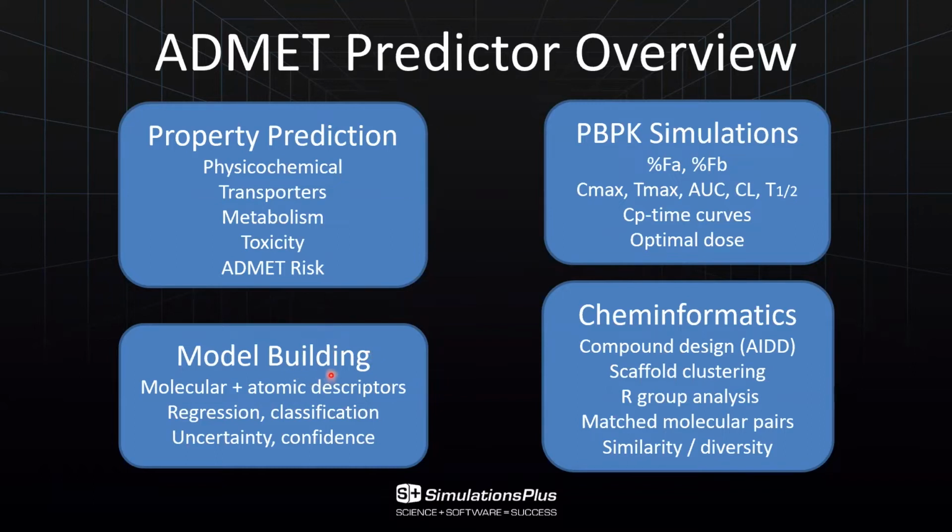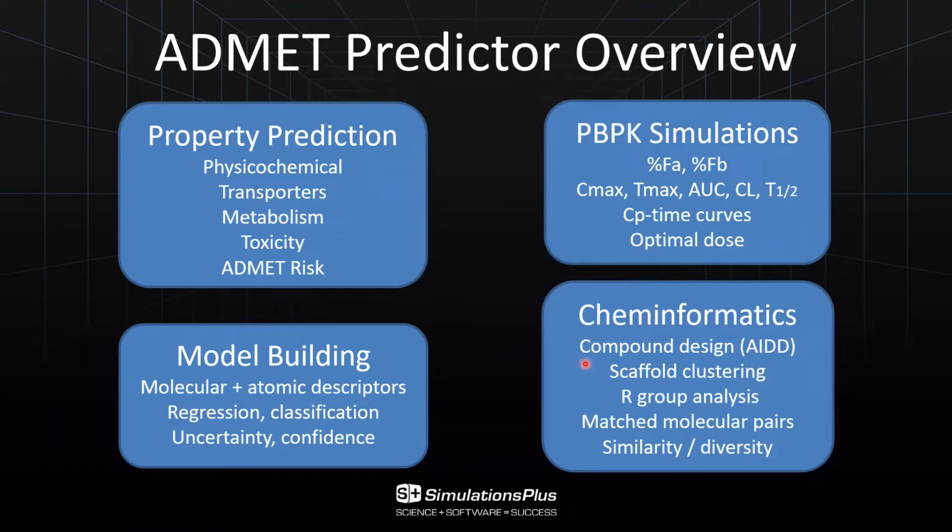Our model building engine allows clients to build their own machine learning models using their data and our proprietary set of over 340 molecular and atomic descriptors. And finally, there are a number of useful cheminformatics features, including a recently introduced module called Artificial Intelligence-Driven Drug Design, or AIDD.